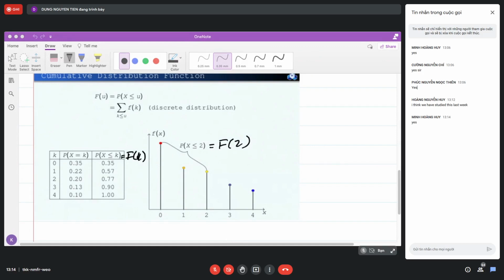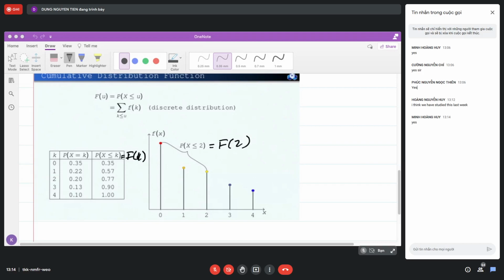That is a discrete random variable. What if you have a continuous random variable? If you have a continuous random variable, then you don't have a probability mass function. Instead, you will have a probability density function.